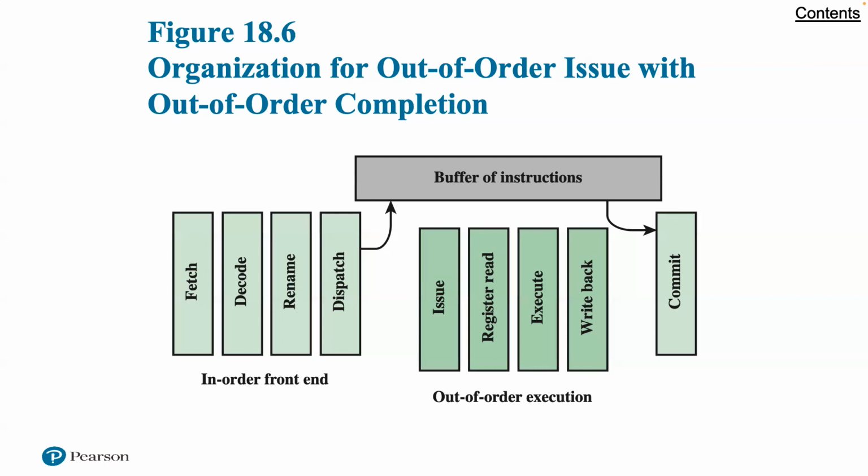An instruction being in the window simply implies that the processor has sufficient information about that instruction to decide when it can be issued. The out-of-order issue, out-of-order completion policy is subject to the same constraints described earlier. An instruction cannot be issued if it violates a dependency or conflict.